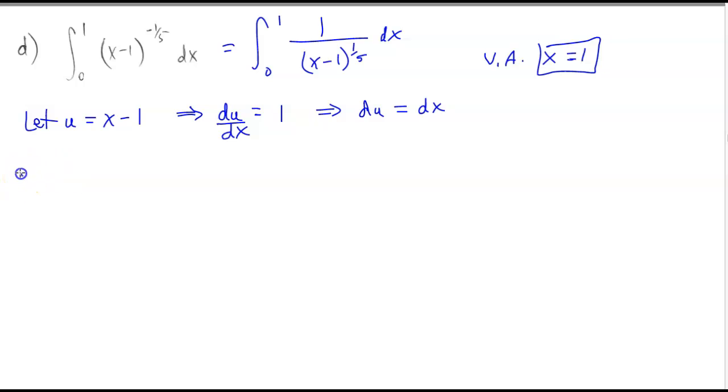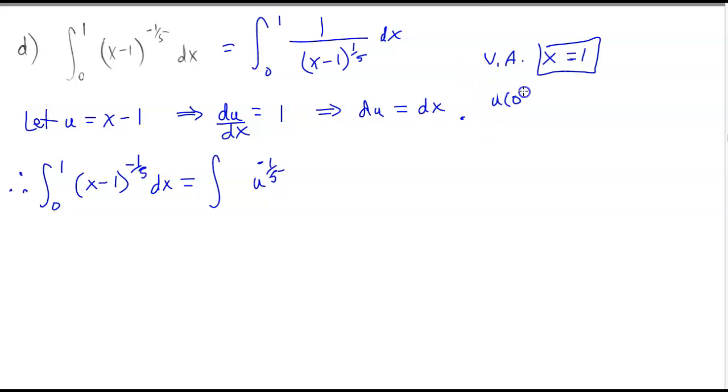Okay. So therefore, we know that if I was to look at this way, then my integrand would just simply be u raised to the minus 1/5 now. For my limits of integration, I know that I can rewrite everything in terms of u now.